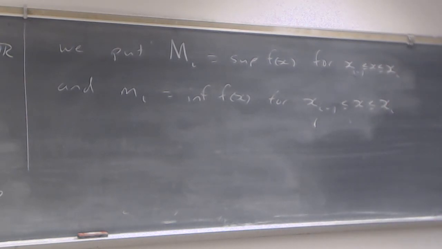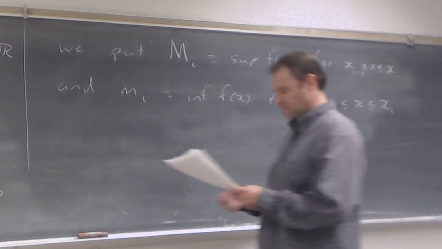We know that the big M and little m sub i's will both exist because f is a bounded function.